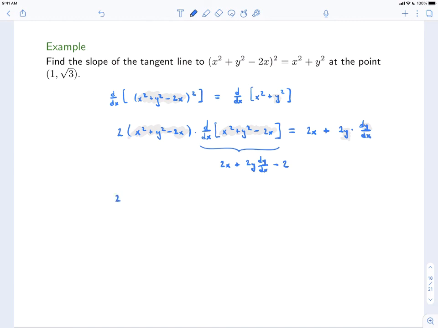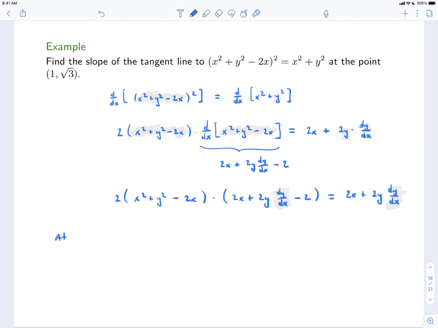So now we have 2 times (x squared plus y squared minus 2x) times (2x plus 2y dy dx minus 2), and all of this is equal to 2x plus 2y dy dx. We could just solve for dy dx and get a general formula, but we're given a specific point, so we can plug in x equals 1 and y equals the square root of 3, and that will make our computations a lot simpler.